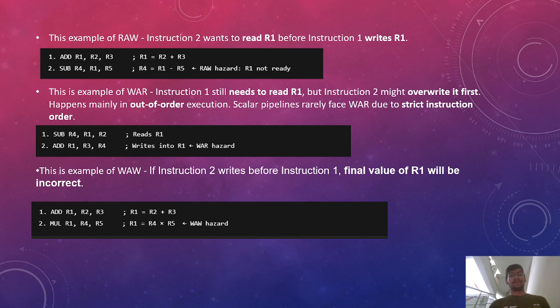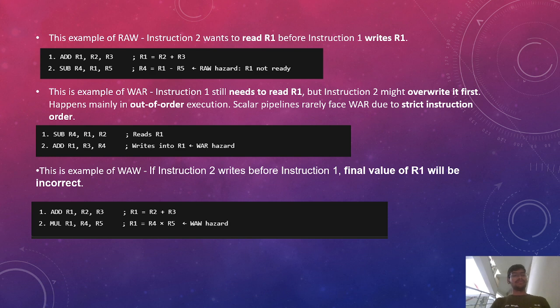Here, we are reading R1. And after reading R1, we have to take that register in use and fetch the result of R3 plus R4 in R1. This also creates a problem if there is an issue in executing the first instruction. And in the third type of problem, if two instructions write before the other instruction, the final value of R1 will be incorrect.